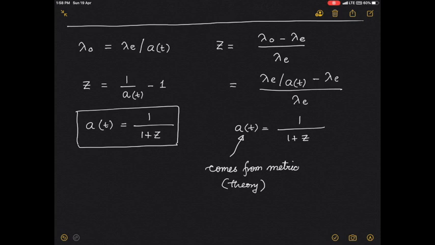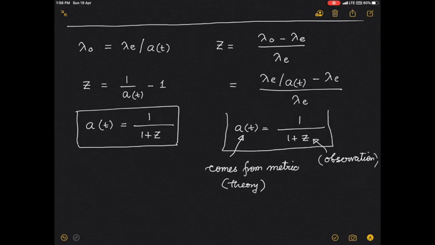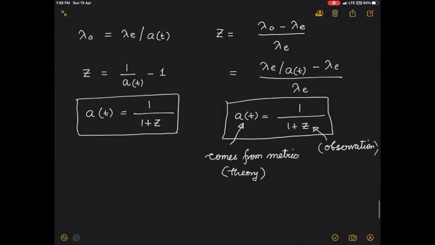So it's a part of the theory, which is the theory of modern cosmology. This comes from observation. So in a way, this is a relation which is relating your theory with the observation. So that's why it is such an important relation in modern cosmology.